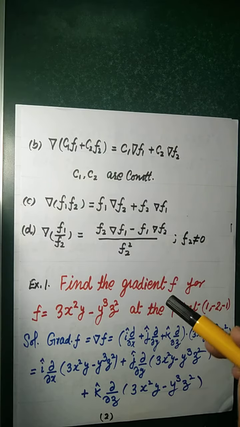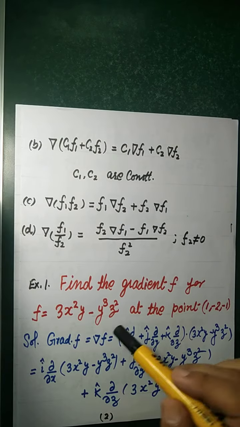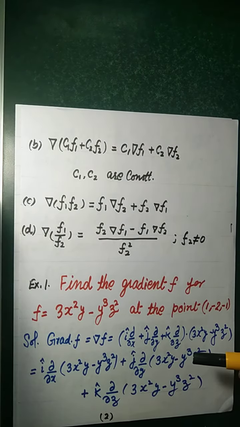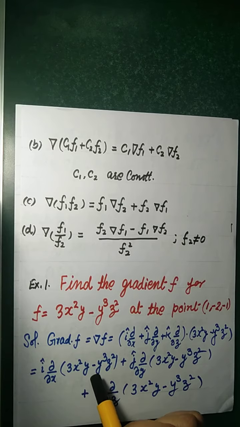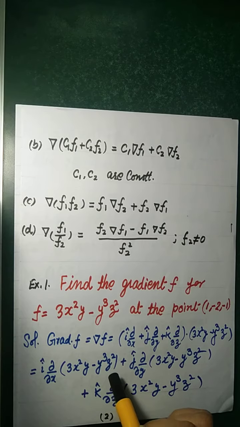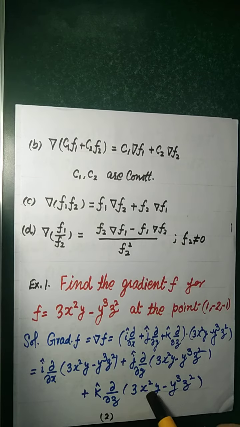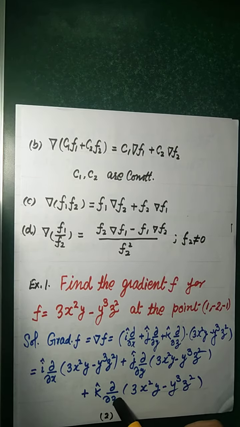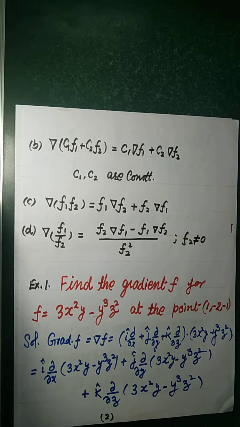Because this is a function of three variables, we differentiate this function partially with respect to, suppose, x here, treating other variables as constant. Similarly here, if we differentiate this function with respect to z, then we treat the remaining variables x and y as constant.